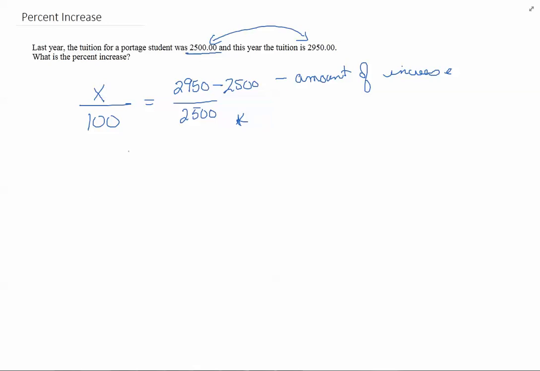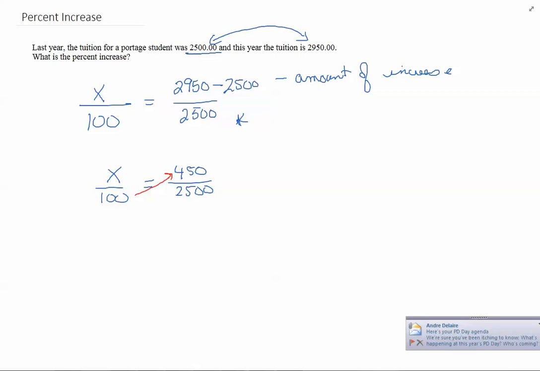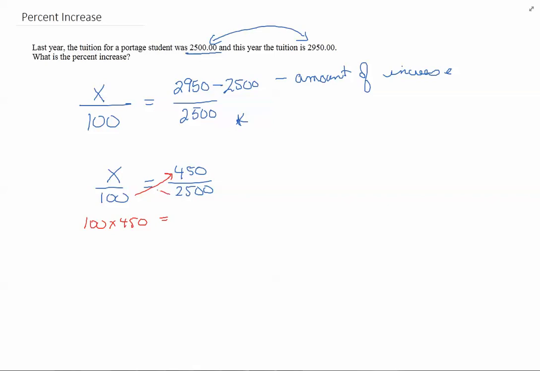When we simplify that, we get x over 100 is equal to 450 over 2,500. Again, we're going to cross multiply. 100 times 450 is equal to x times 2,500. We then divide both sides by 2,500.